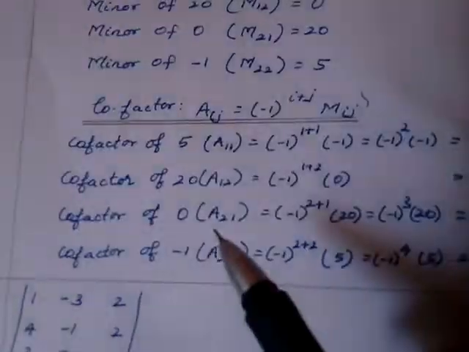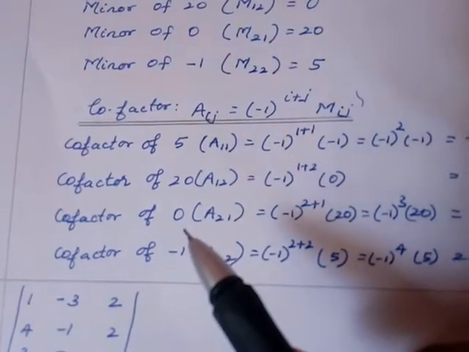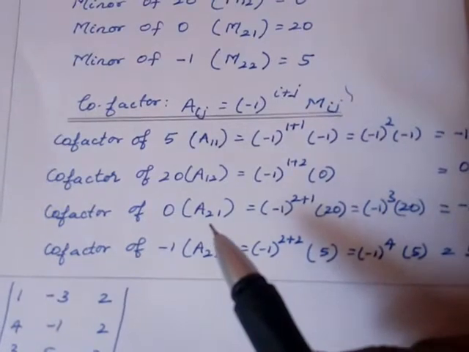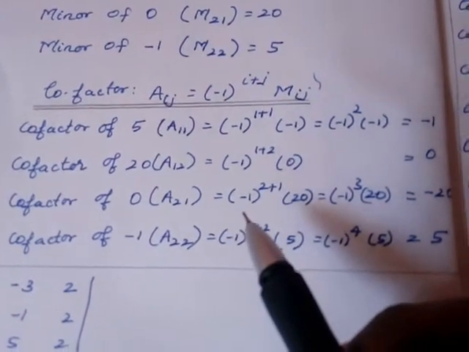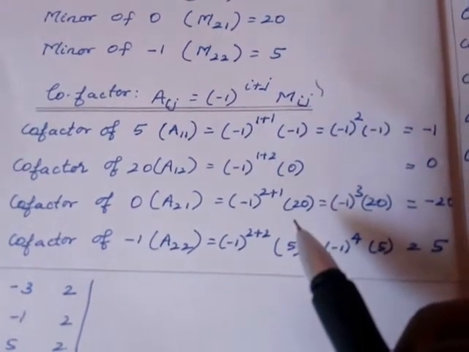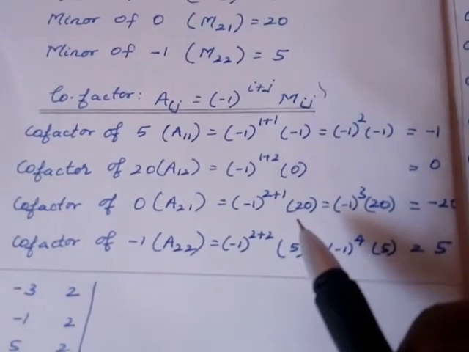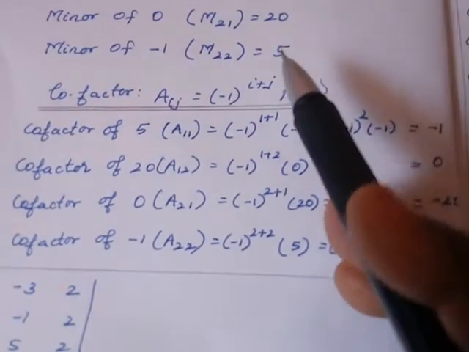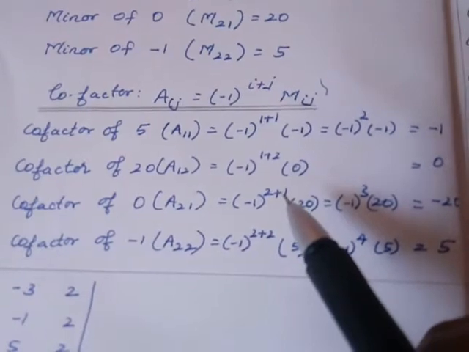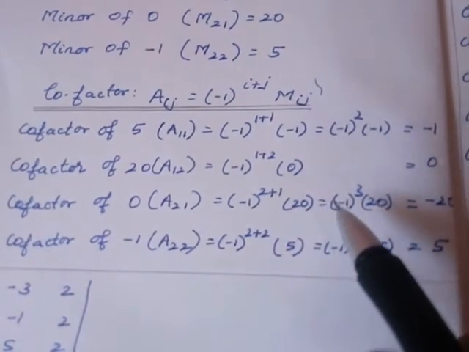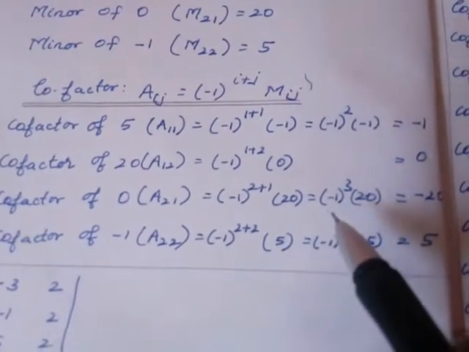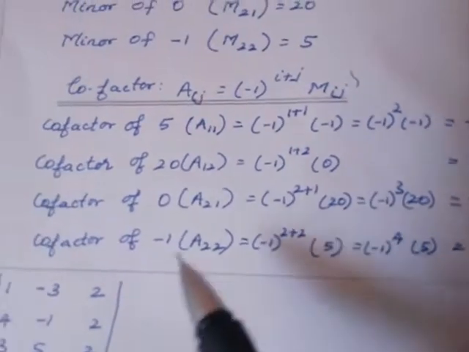Next, cofactor of 0. 0 is located in second row first column. Minus 1 whole to the power 2 plus 1 into 20. M21 is 20. 2 plus 1 is 3. Minus 1 whole to the power 3 is minus 1. Minus 1 into 20, answer is minus 20.